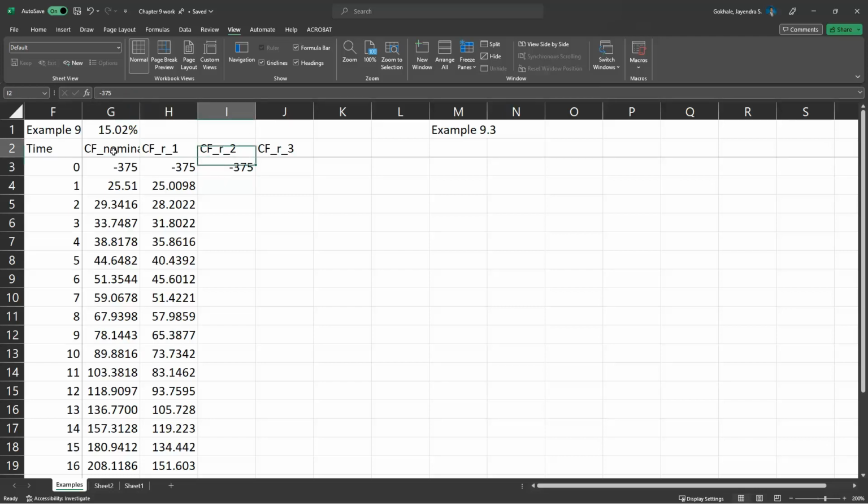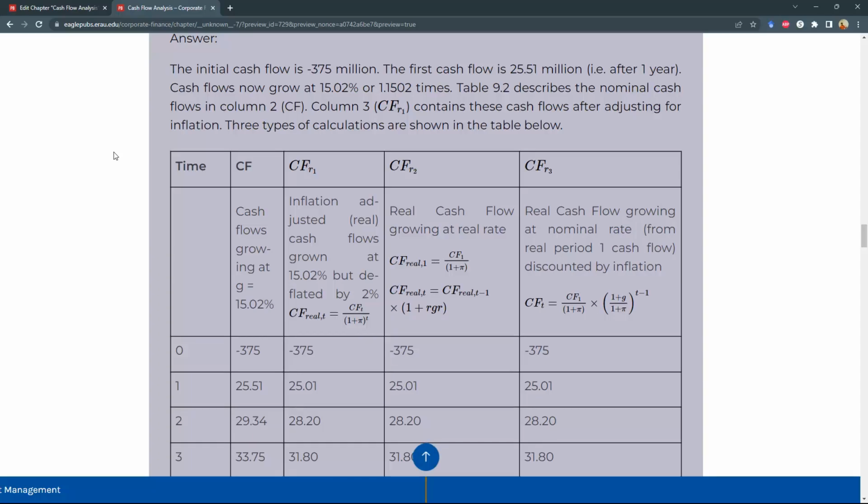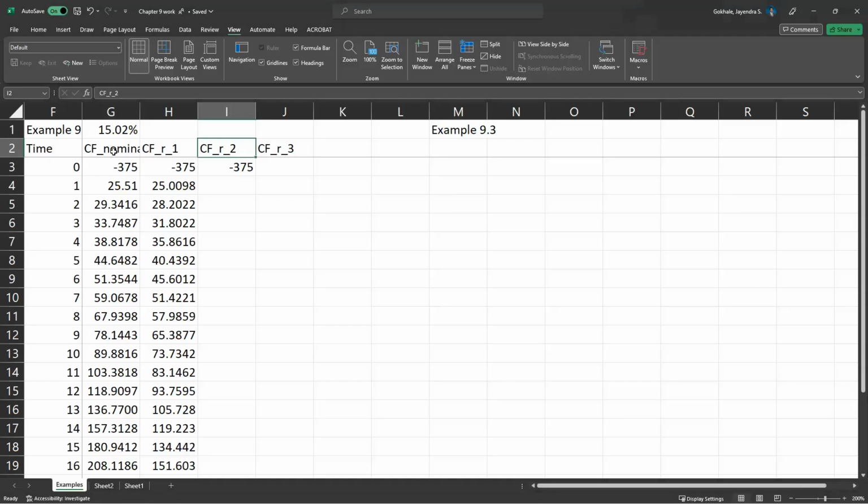Okay, the next method is CF real cash flow using method 2. So it is CF real T minus 1 times 1 plus RGR. And as we defined it, RGR is nothing but 1.1502, which is the 1 plus G, divided by 1.02, 1 plus pi, minus 1. So that is RGR.